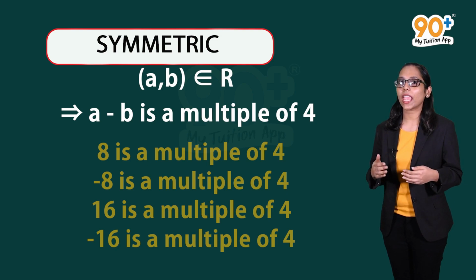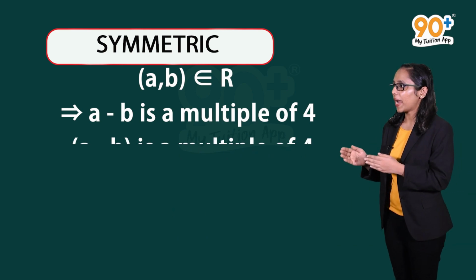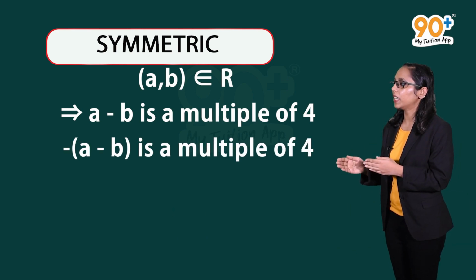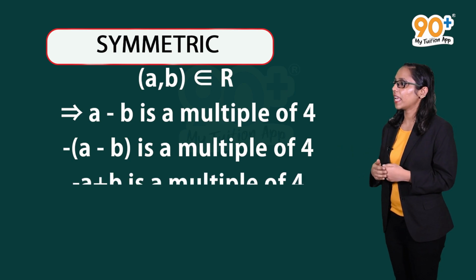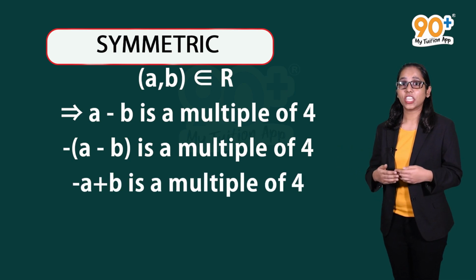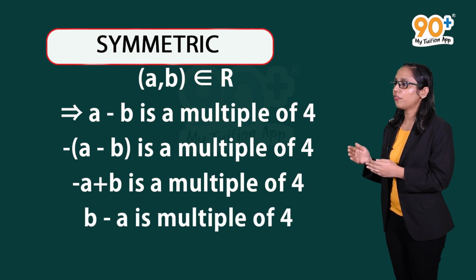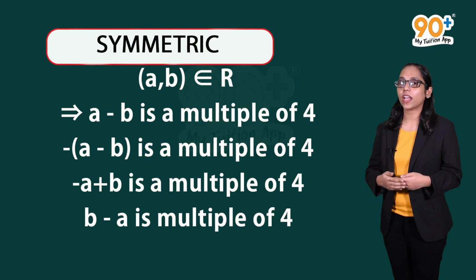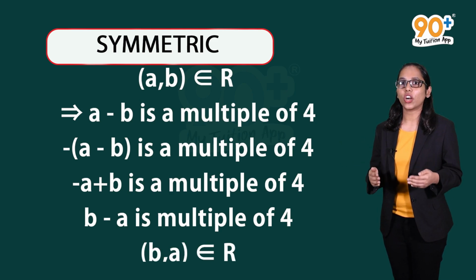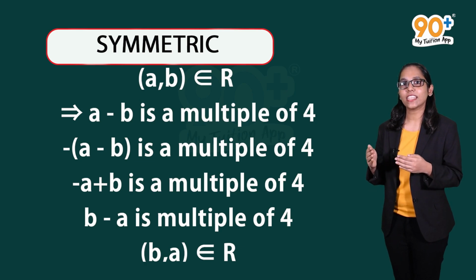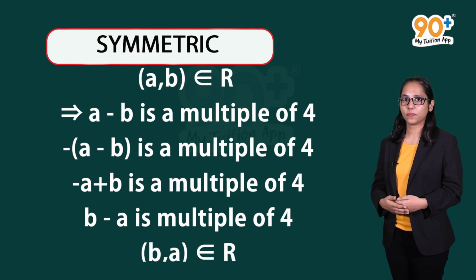That is, if a minus b is a multiple of 4, then we can write minus of (a minus b) is a multiple of 4. That is, minus a plus b is a multiple of 4. Rearranging this, we will get b minus a is a multiple of 4. That is, ordered pair (b, a) is an element of R, which means that R is symmetric.